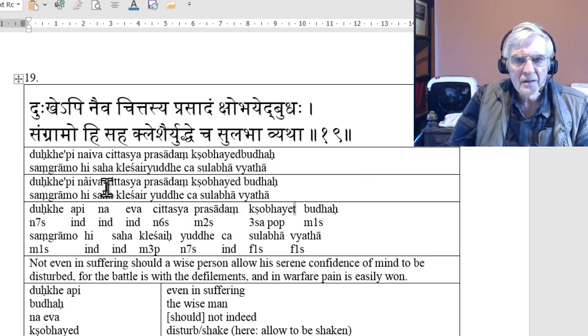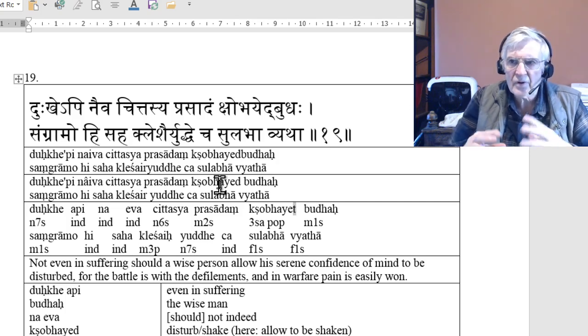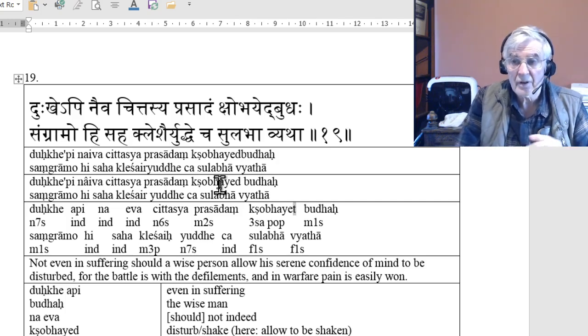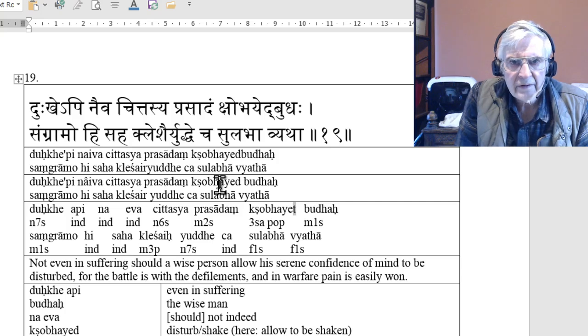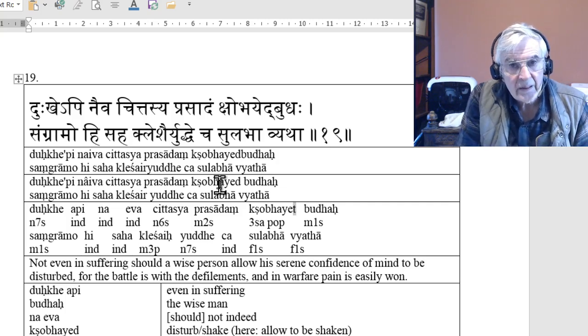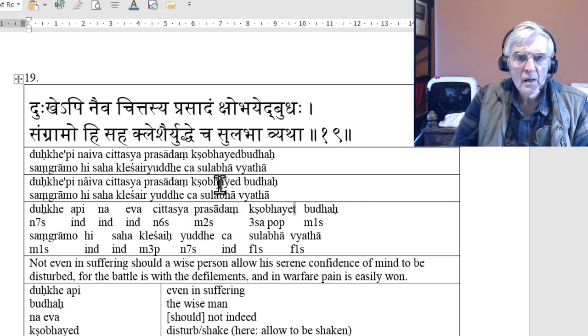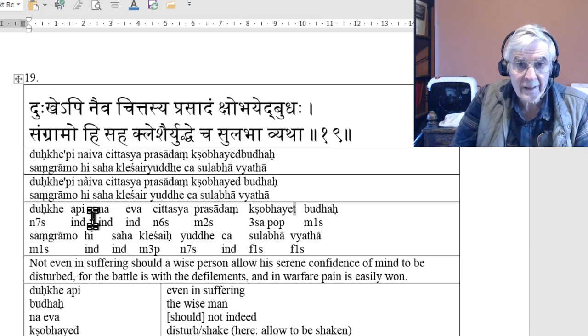Chittasya prasadam. The prasada here will just for a moment translate as the calmness, serenity, of his mind. So Buddha duhkepi, even in dukkha, duhke api, api even, duhke in dukkha, even in suffering, duhkepi by sandhi.